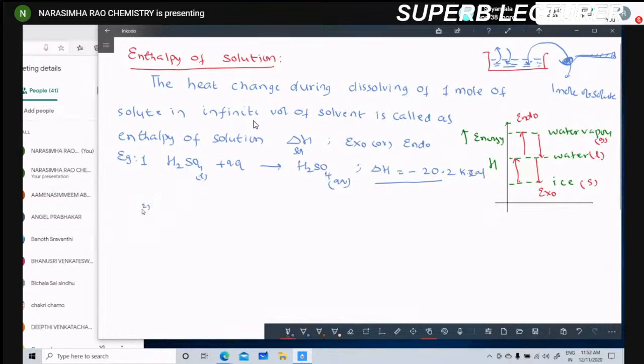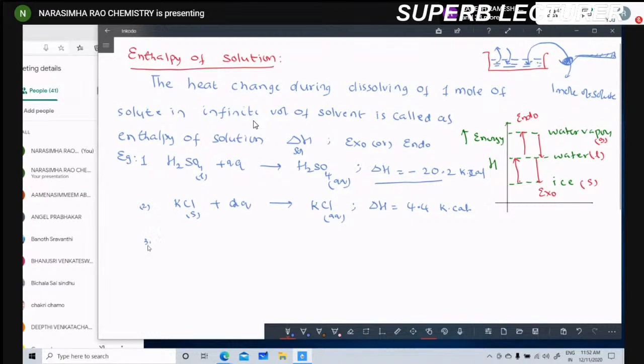Now, example 2. Potassium chloride, a solid, dissolved in water produces aqueous KCl solution. For this process, delta H is positive, meaning endothermic, 4.4 kilocalories.